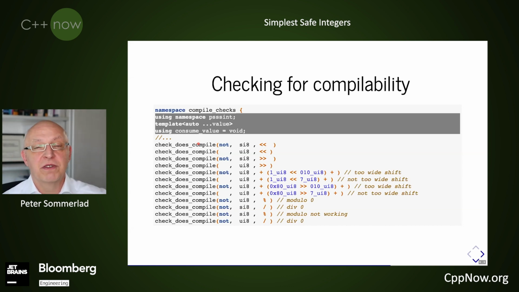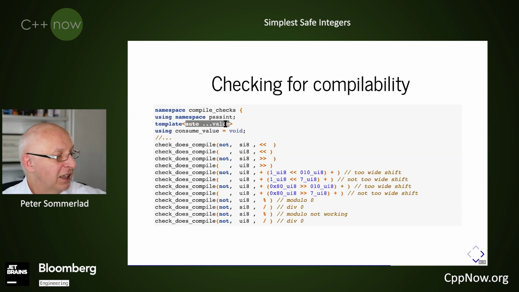Void t consumes all types and just delivers void. We have a similar thing that consumes values and delivers void. So this is consume value. That's the void t for non-type template parameters. And this allows us to use compile time expressions and check if they actually compile. That's the underlying trick.